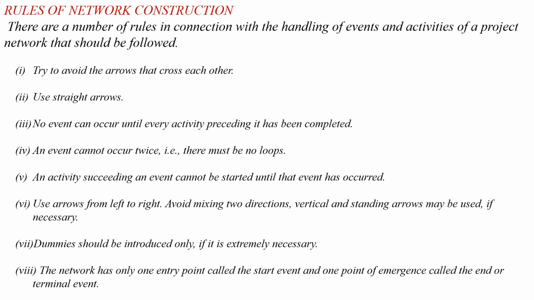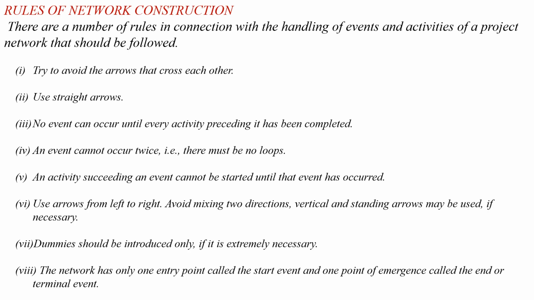Next, we have to discuss some rules for the construction of the network diagram. The first rule is to try to avoid arrows that cross each other. The second is to always use straight arrows.